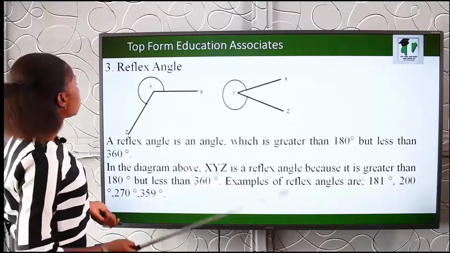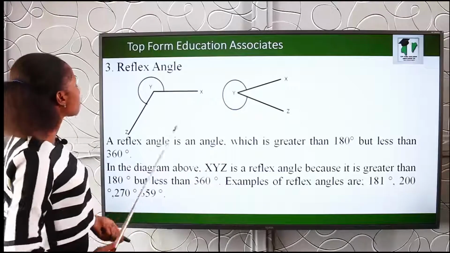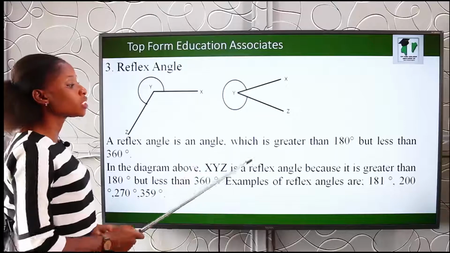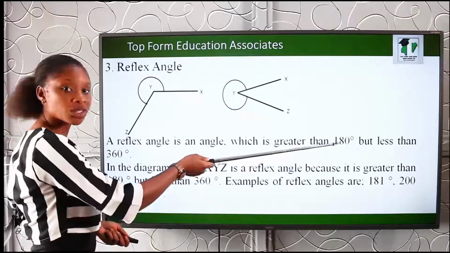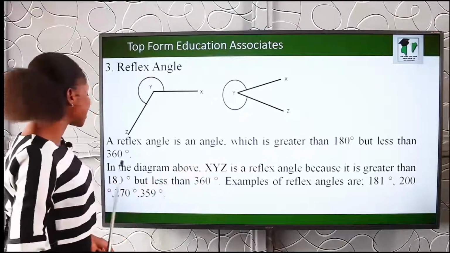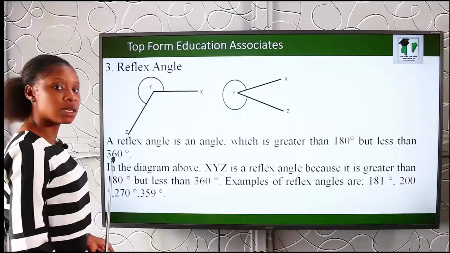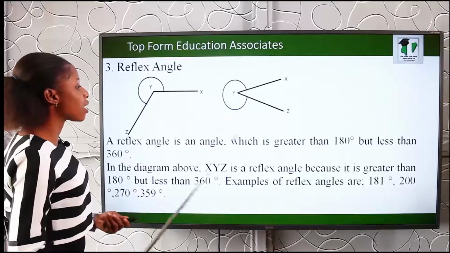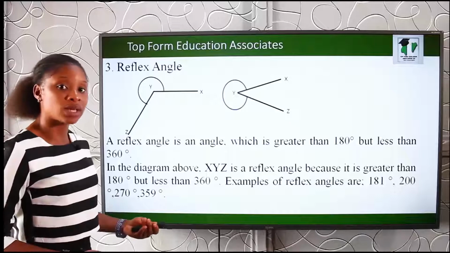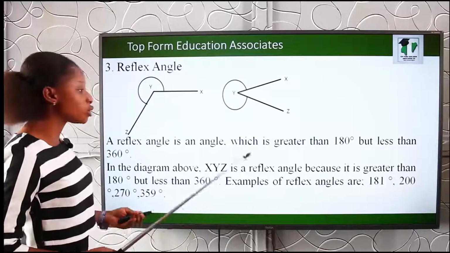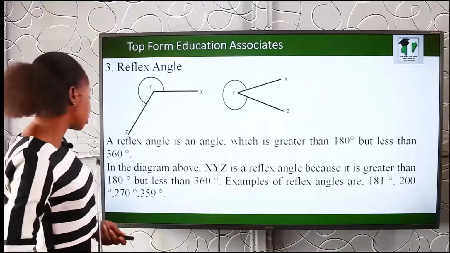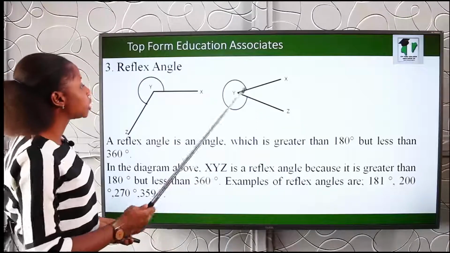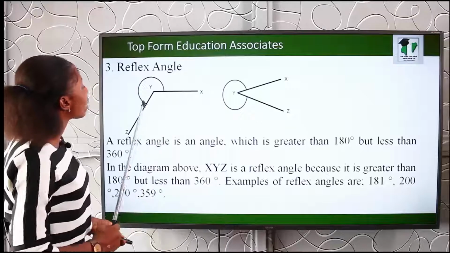All right, reflex angles. A reflex angle is an angle which is greater than 180 degrees but less than 360 degrees. So a reflex angle can be more than 180 but it's not up to 360 degrees. In the diagram above, these angles are reflex angles.